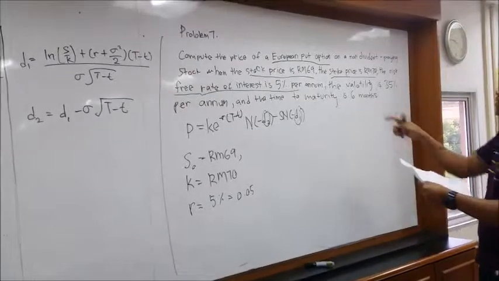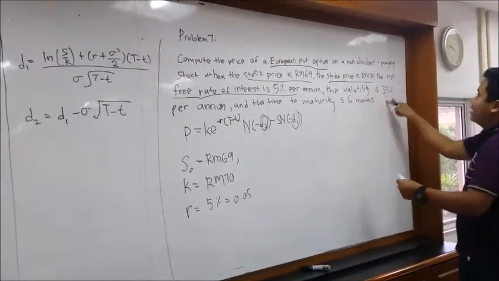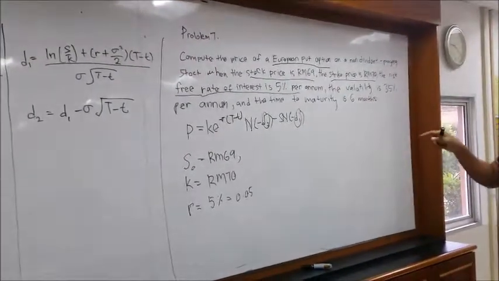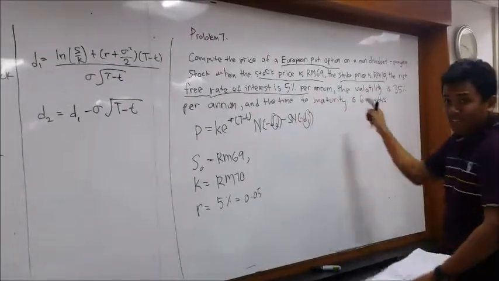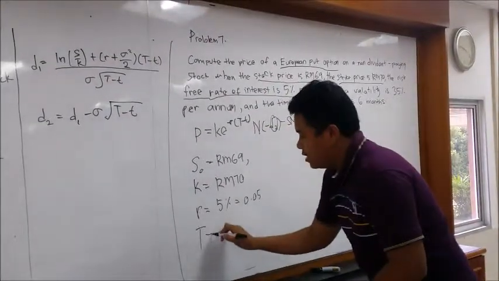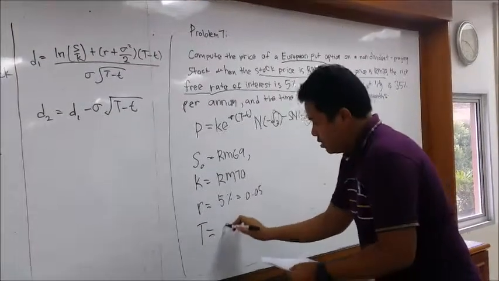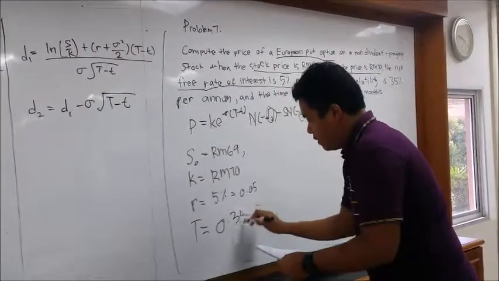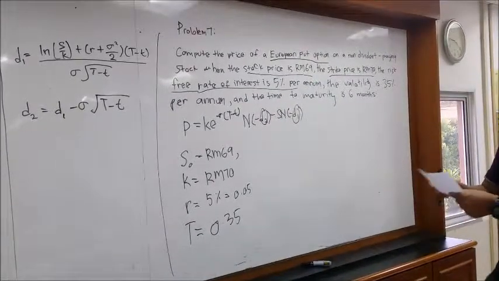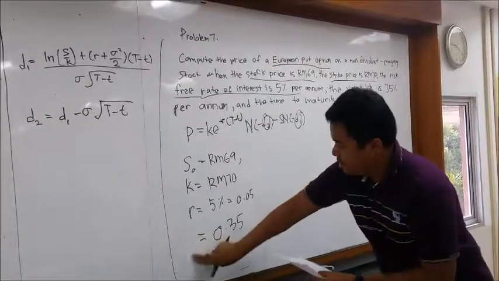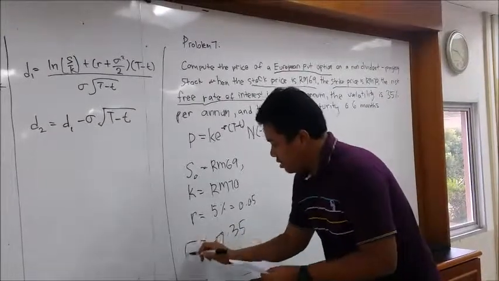Then we move to the next one. The volatility is 35% per annum. For this one, we denote the volatility as T, which is 0.35, same as the 35%. Not T, sorry, it's actually the sigma.